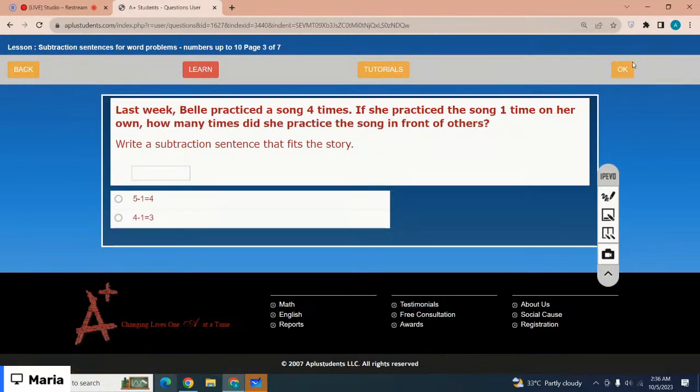Okay, last week Ballet practiced the song 4 times. If she practiced the song one time on her own, how many times did she practice the song in front of others? So, write a subtraction sentence that fits the story. So, which is the correct option?